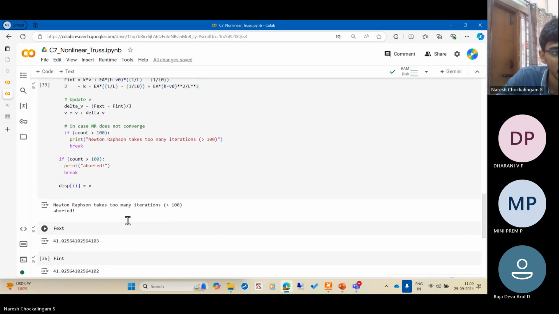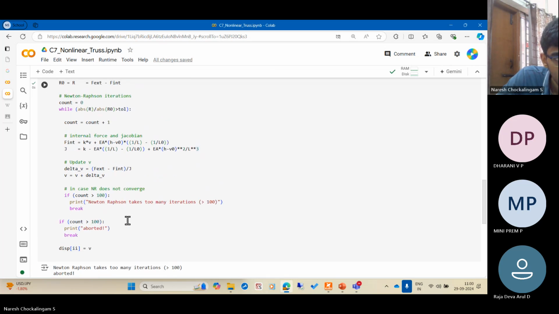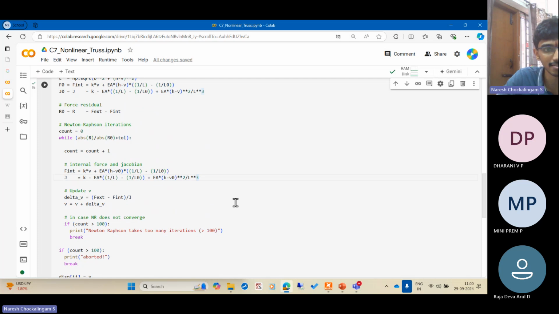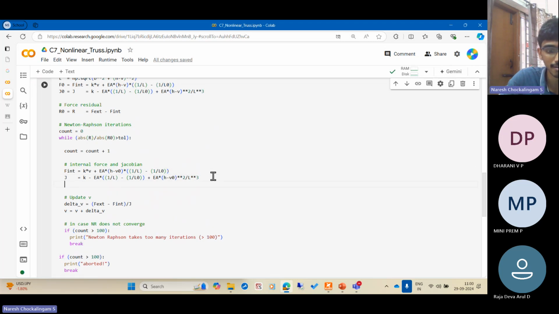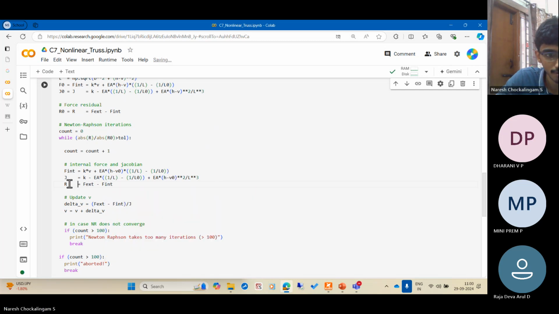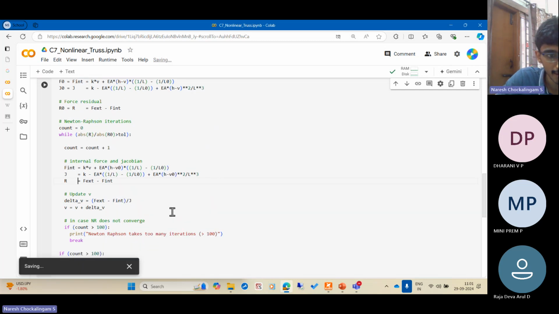Oh, I'm not updating R. So R will always stay in the initial value, right? That's the issue. So after finding F internal, I have to update R. So R is F external minus F internal. And this I'll just put as R by J.